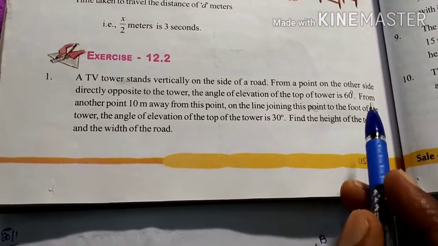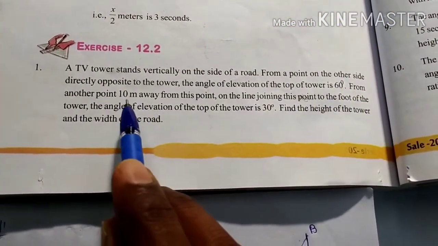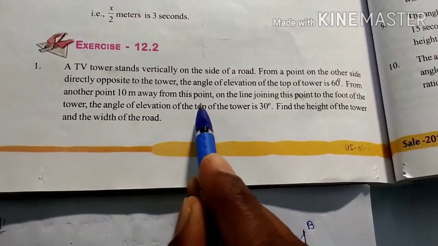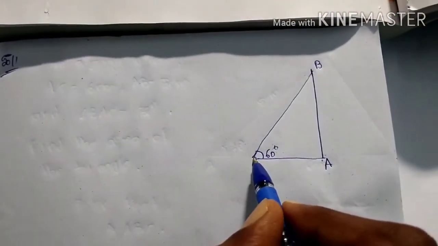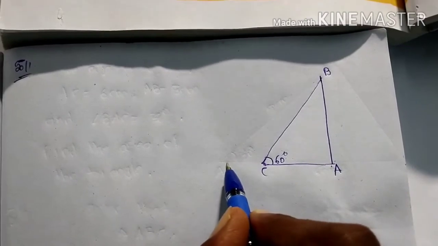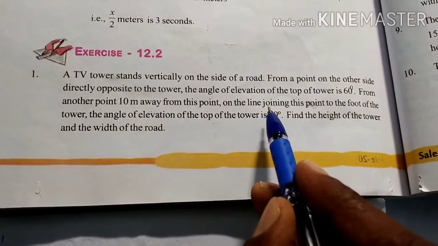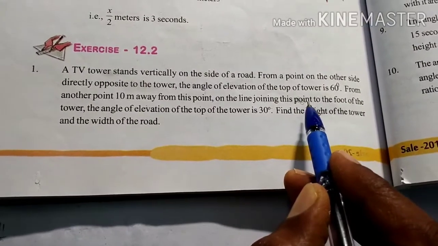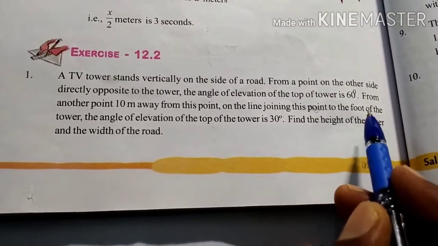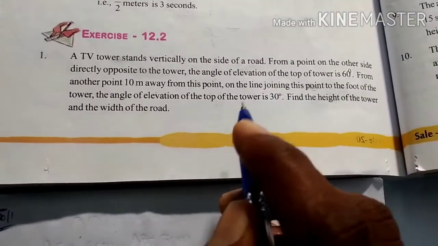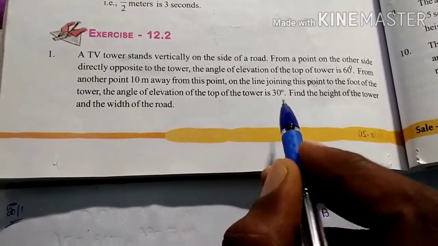Next we can see, from another point 10 meter away from this point, on the line joining this point to the foot of the tower, the angle is 30 degrees.